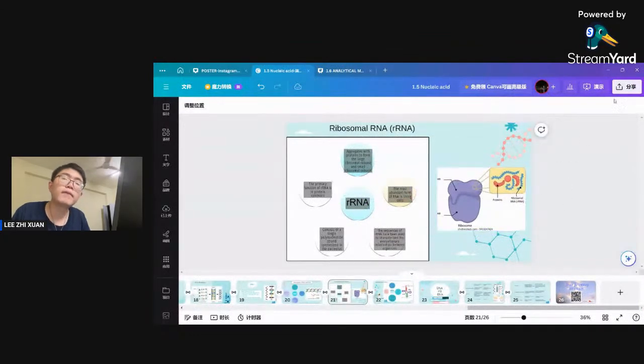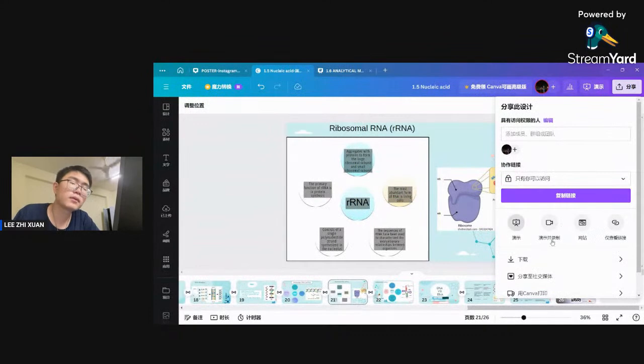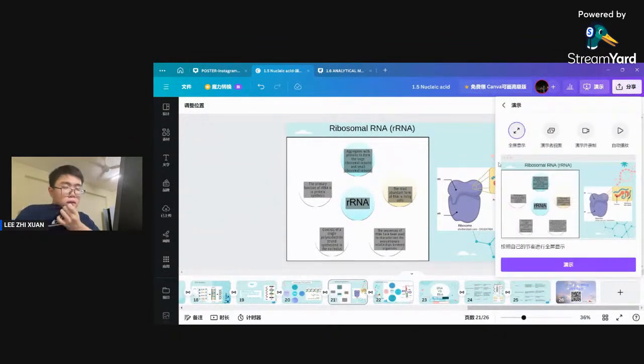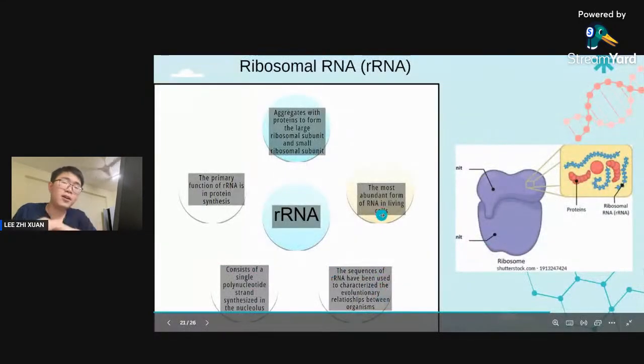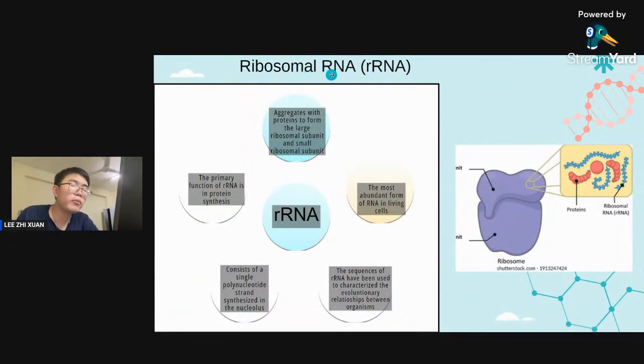Okay, so ribosomal RNA is the RNA that is located within the ribosome. So this is the ribosome structure, right? A small unit and a large unit. So rRNA is located within the ribosome structure. The ribosome contains protein and RNA, right? So RNA is within the ribosome structure.